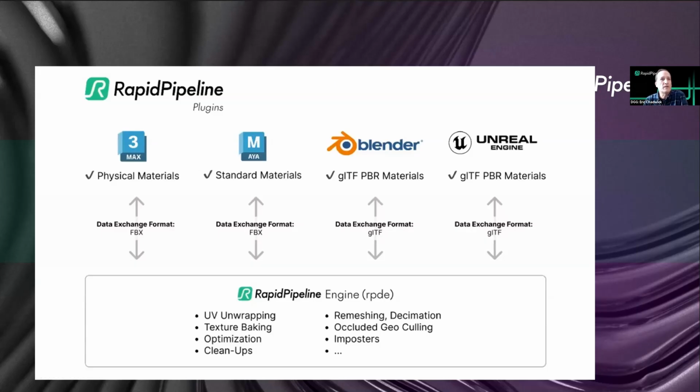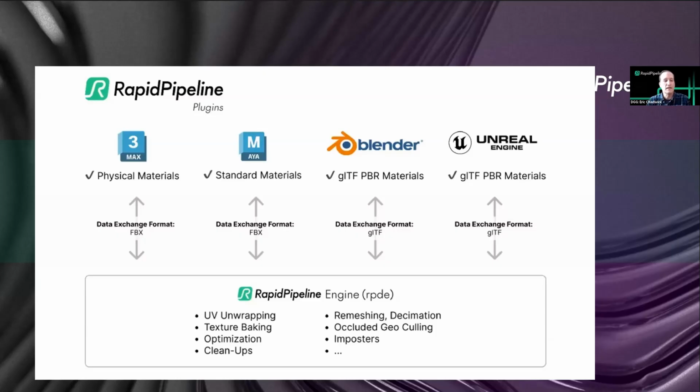Thankfully, we have these integrations for Rapid Pipeline that bring them directly into your digital content creation tools. We have an integration for 3ds Max, for Maya, for Blender, for Unreal, and also Substance Painter. In each of these tools, you can bring in CAD models and automatically process them in a way that sets them up for all these kinds of processing tasks you might need to do on assets.